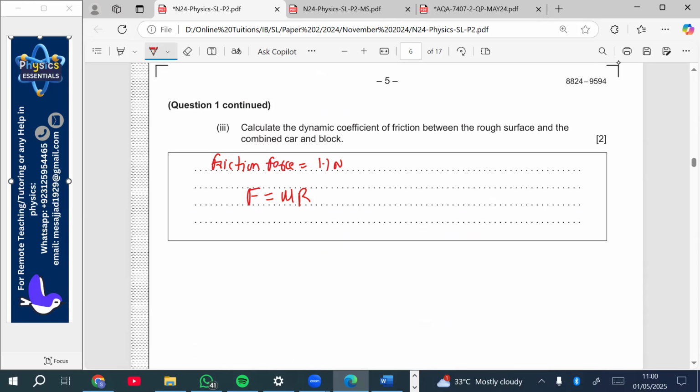And the normal reaction of the rough surface is equal to weight.